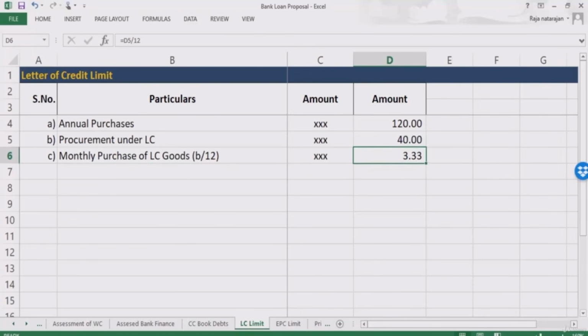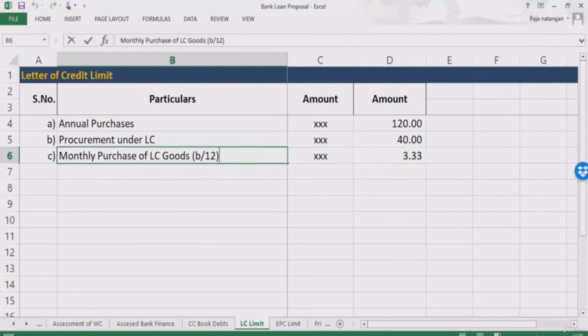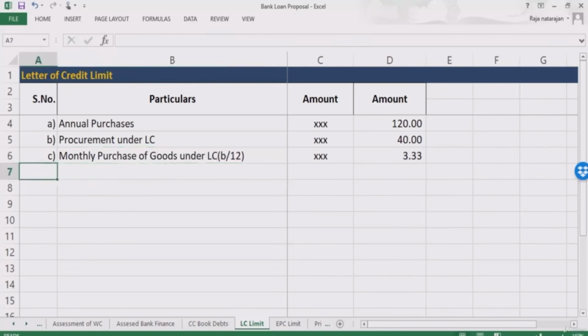So this is the monthly purchase of goods under LC. I'll rewrite monthly purchase of goods under LC.